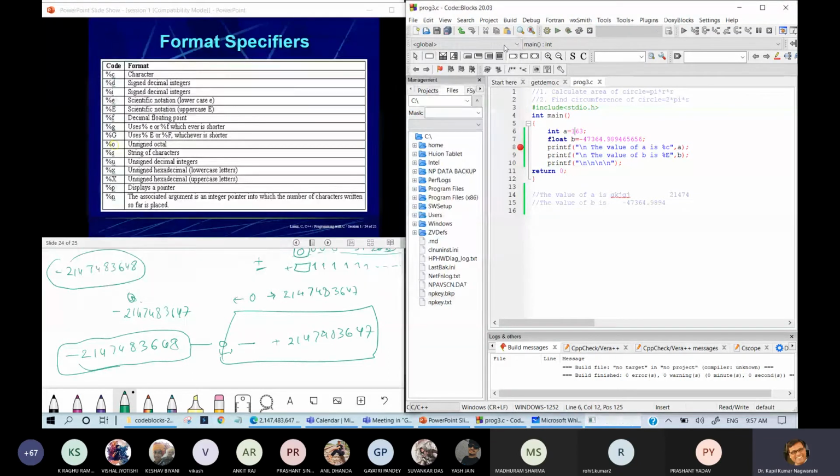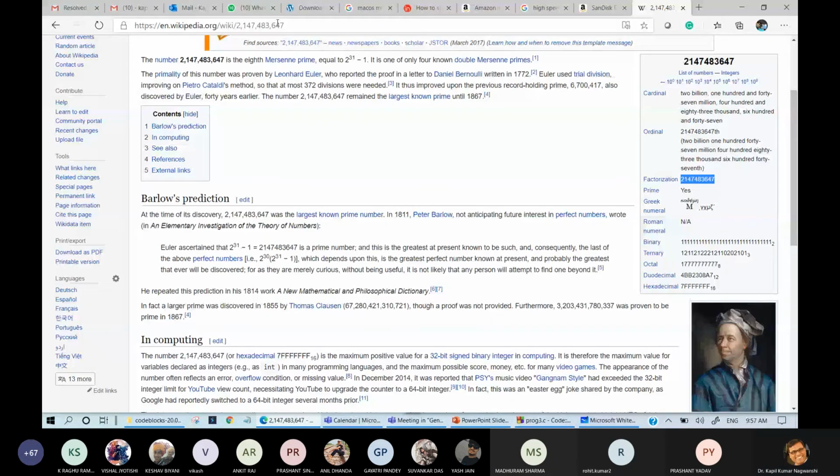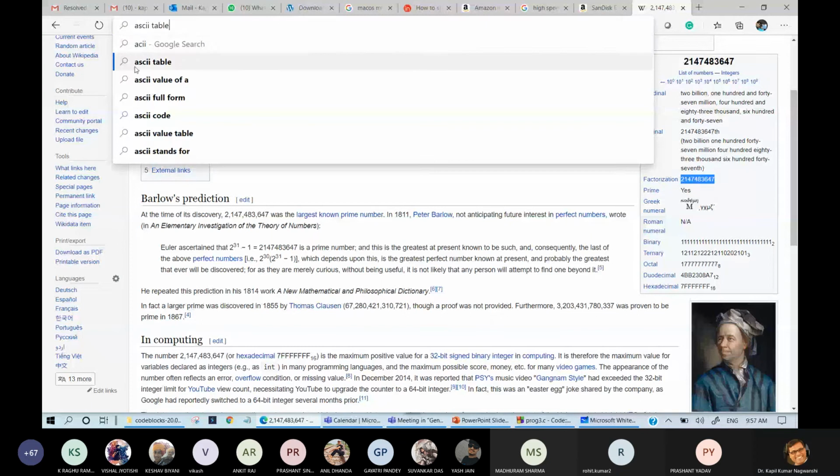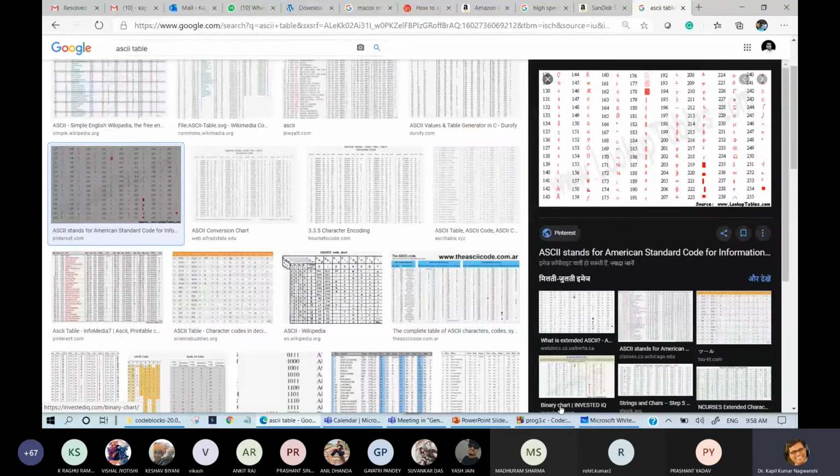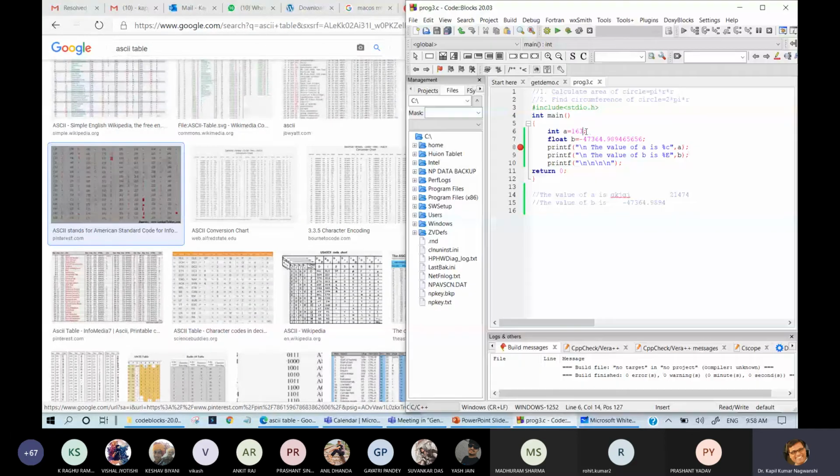Let me show you some special characters also. 178 is this character. So let us see the use of 178, and now see the answer.